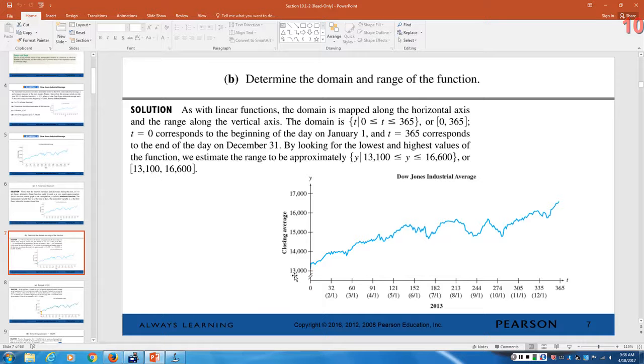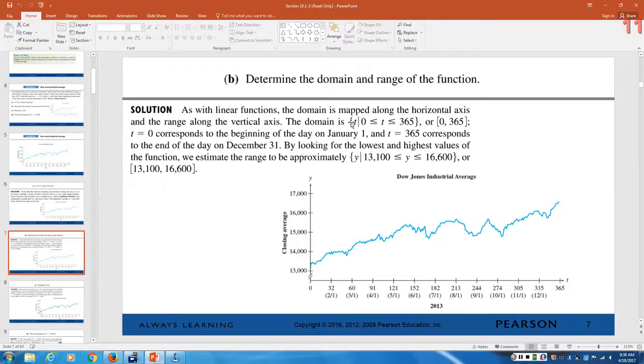And this one does say 13,100, and I think the reason it does, if I'm looking at my graph and thinking that that starts there, but looking at the PowerPoint, it does look like it starts right here. Because there's blue right there. It went from day 0, it went up to about 13,300. And about 16.6 does look about right, but like I said, you could be off on that a little bit.